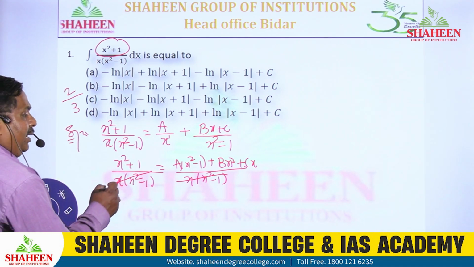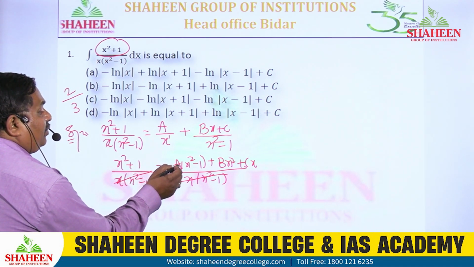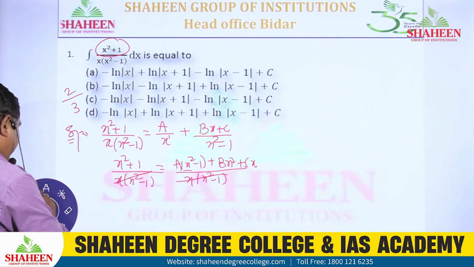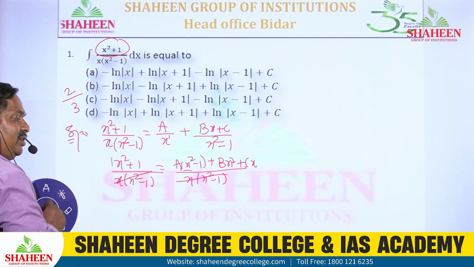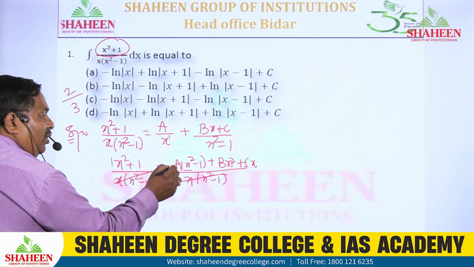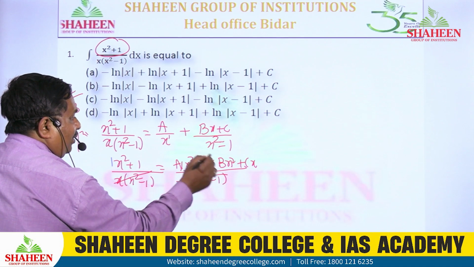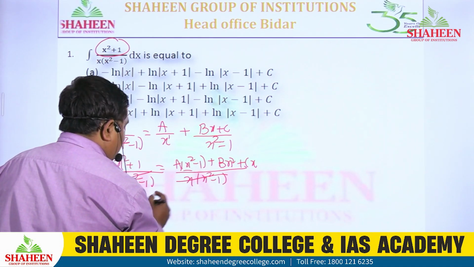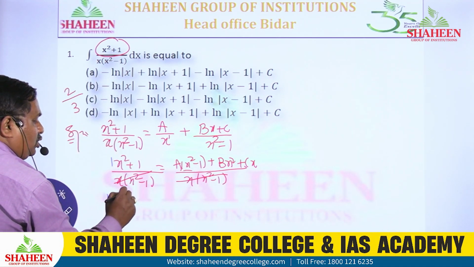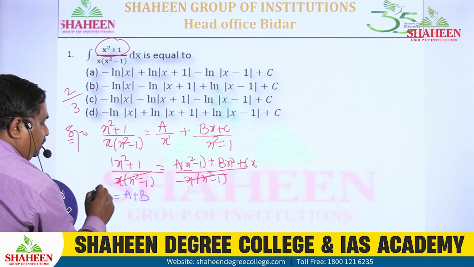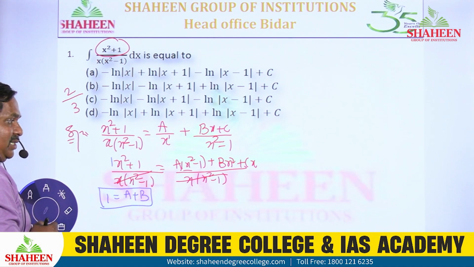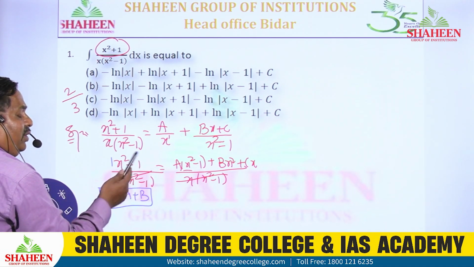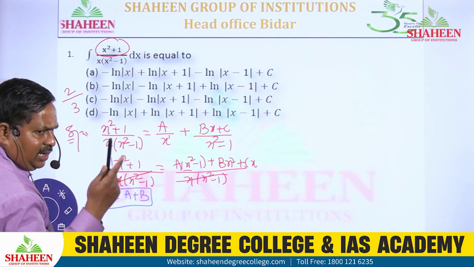If we compare the coefficient of x square, the x square coefficient on the LHS is 1, and on the RHS the x square coefficient is a and here it is b, then we will get 1 equals a plus b. Comparing the coefficient of x, in the LHS we don't have an x term, x means x power 1.